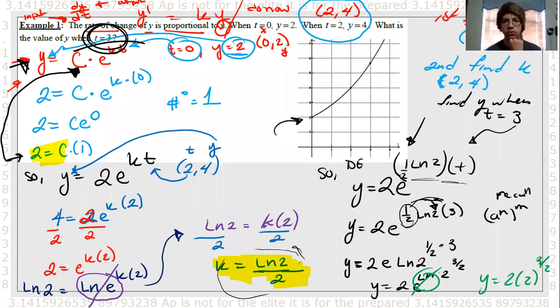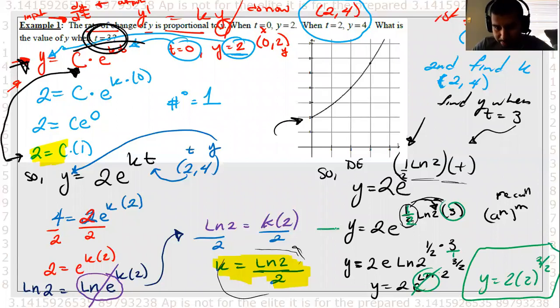Another way to see this, guys, is that you could have multiplied the 3 right here and the 1/2, and that would have been a lot easier. I just saw that right now. So this is your answer. Ideally, this could have been an acceptable answer.